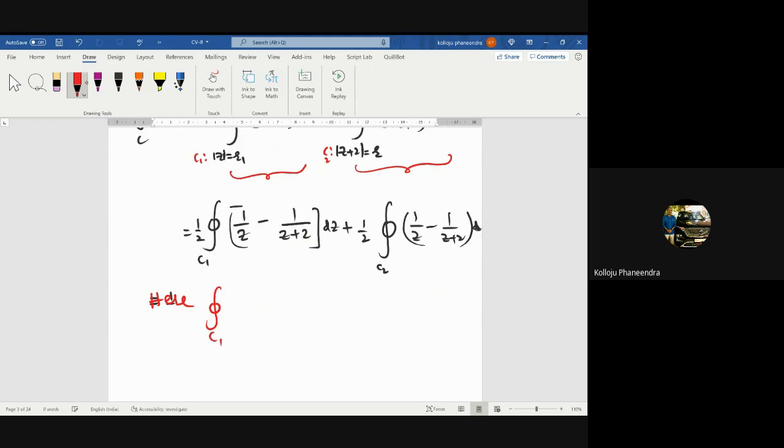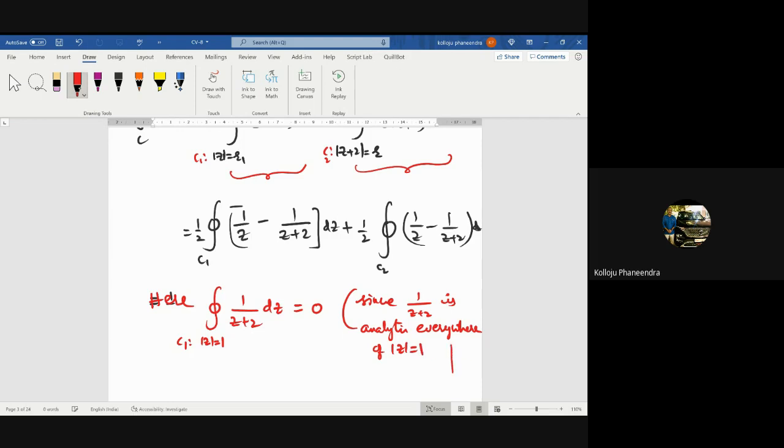Now listen, here integral over C1, 1 by z plus 2 dz equal to 0. Is it correct? What is C1? I will write here clearly. This is C1. What is C1? Mod z equal to 1, equal to 0, since 1 by z plus 2 is analytic everywhere inside mod z equal to 1.